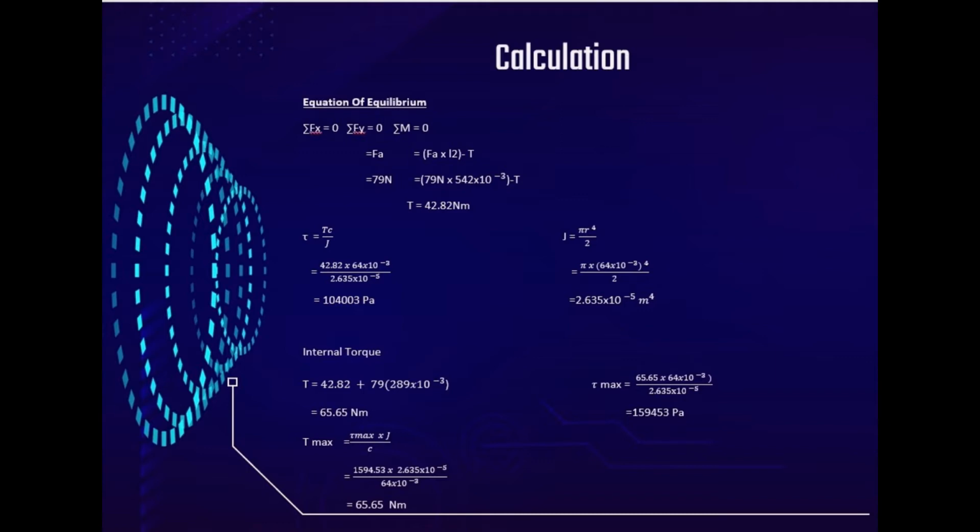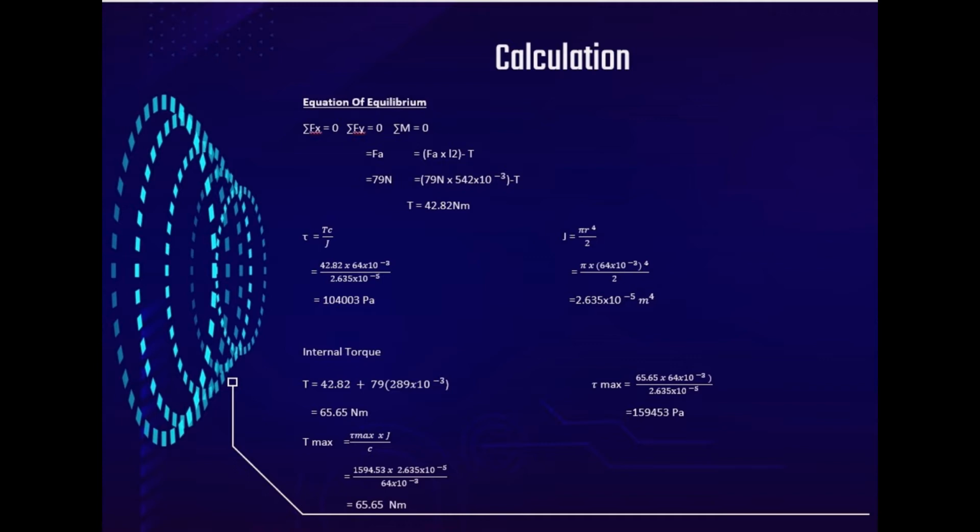For the moment equal to 0, moment is force times perpendicular distance, which is 79 times 542 times 10 to the power of negative 3, because we change the dimension into meters. So we got the torque value, which is 42.82 Newton meter.